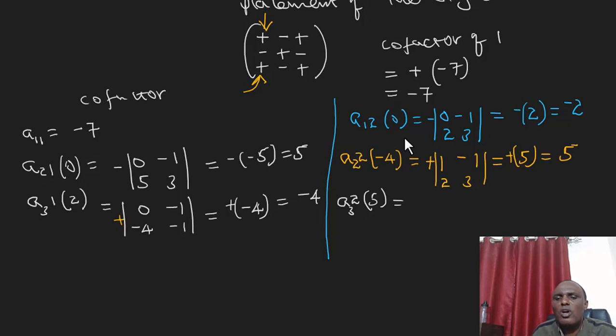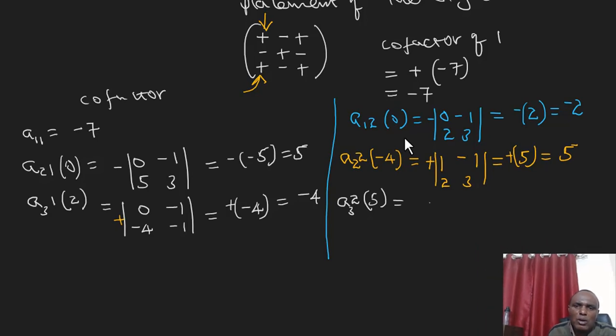We remove the elements which are in the same row and the column with 5, and when we do that, we are left with 1, negative 1, 0, negative 1, 0, negative 1.